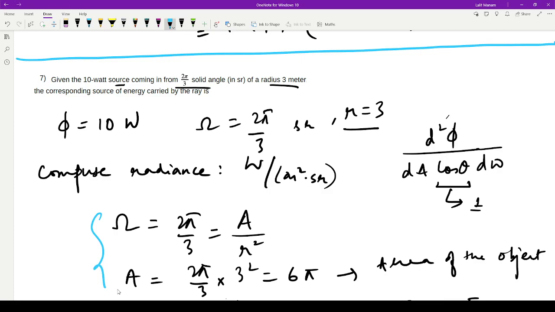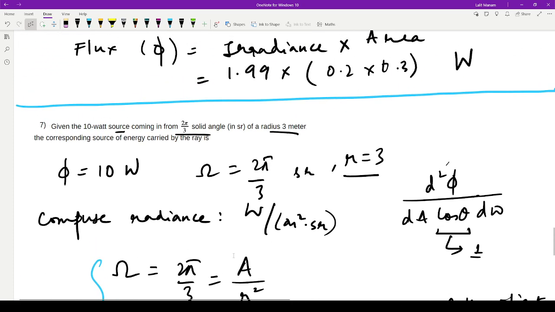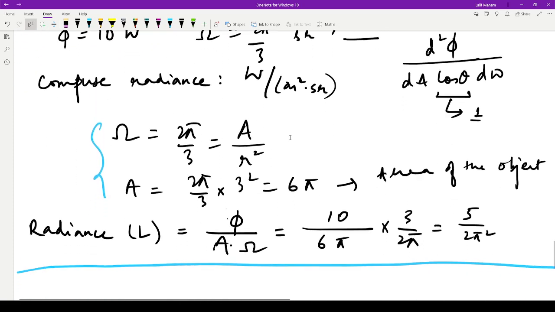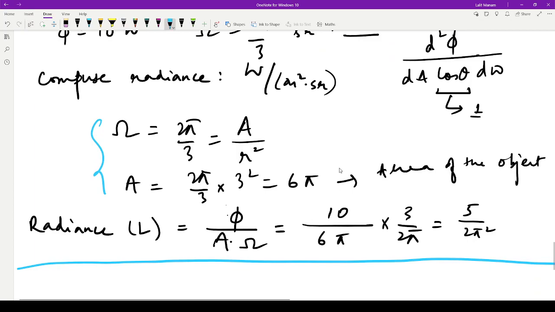Is this fine? Yes, sir. Okay. So area is 6 pi meters square, and radiance is watt per meter square into steradian.